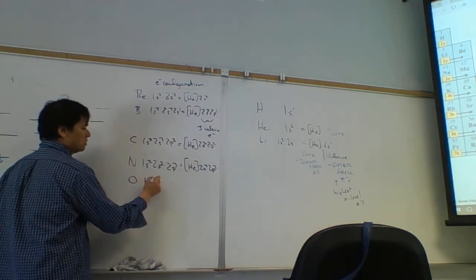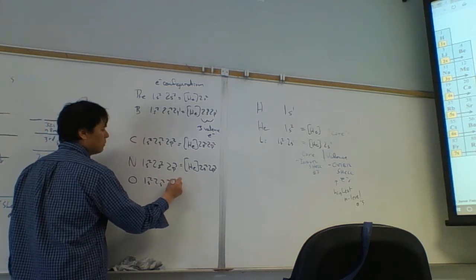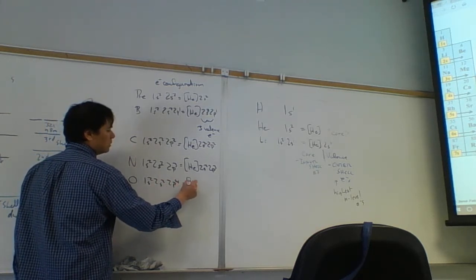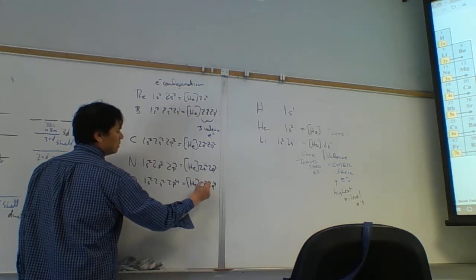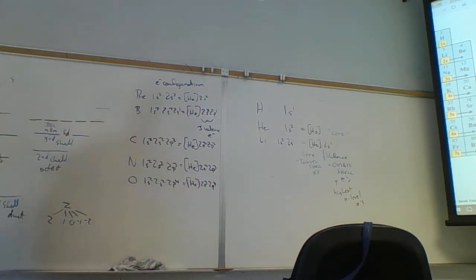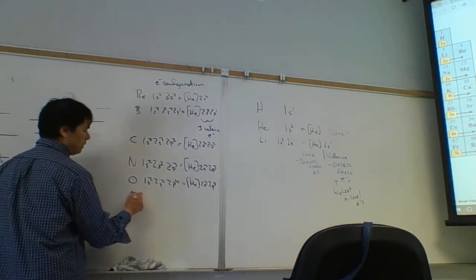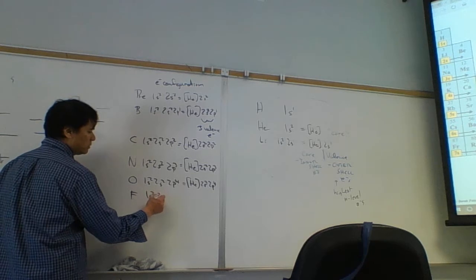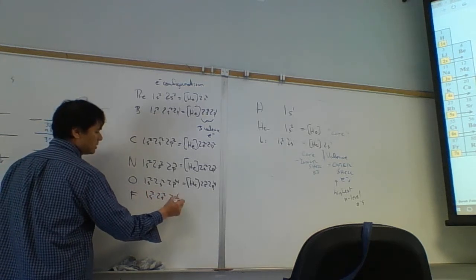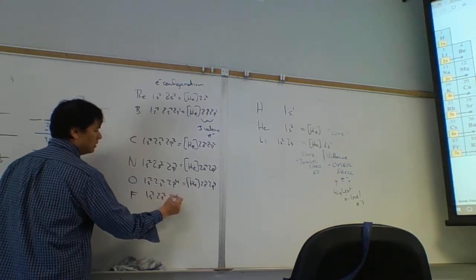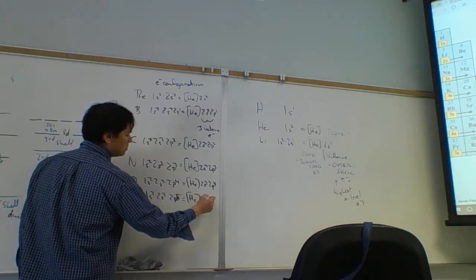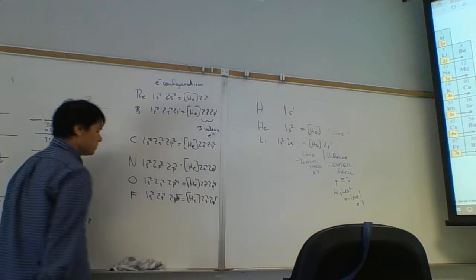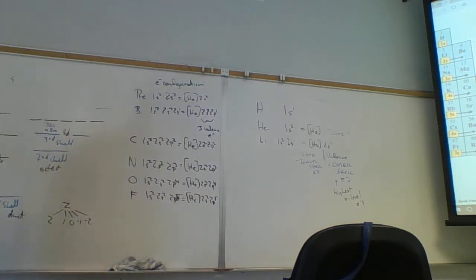Oxygen is 1s2, 2s2, 2p4, or helium core, 2s2, 2p4 valence. 2 and 4, 6 total valence electrons. That's oxygen. Fluorine is going to be 1s2, 2s2, 2p5, which is helium core, 2s2, 2p5, which means fluorine has 7 valence electrons.